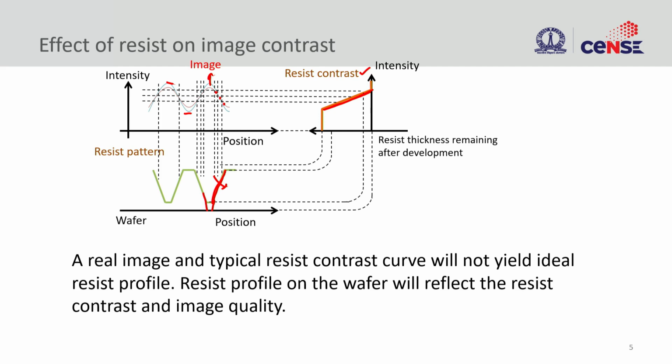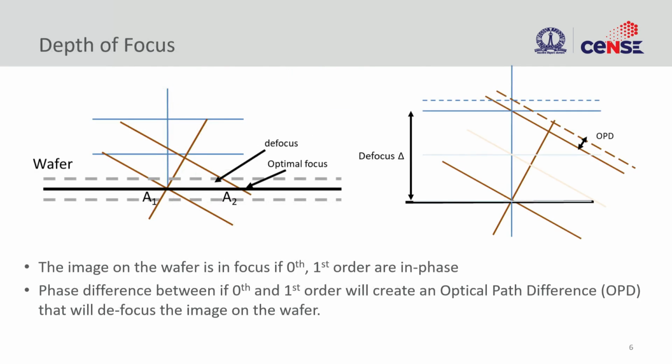So now we understand how the change in the intensity profile is converted to a three-dimensional pattern on the photoresist. But let's look at some important practical scenarios. The interference is the main process that you want in order to create the image. But so far we did not discuss anything about the wafer flatness.